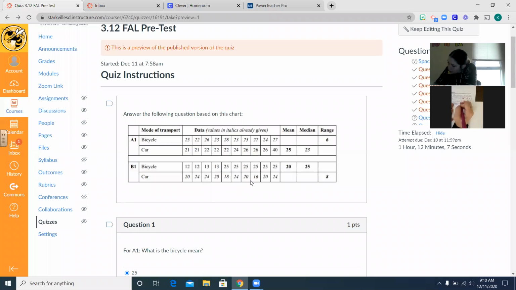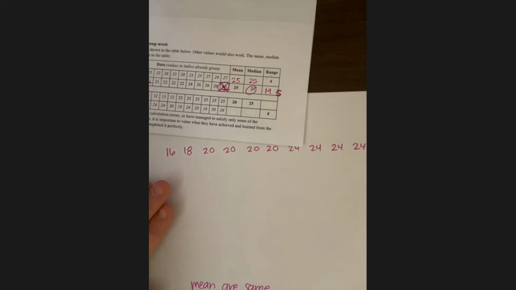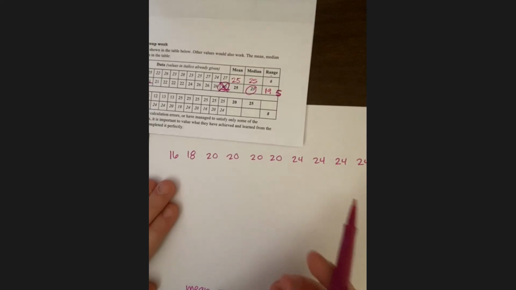Again, please always remember to put the numbers. Okay, so here they are. I'm going to stop sharing my screen again. These are the numbers. I put them in least to greatest. You can put them in greatest to least.